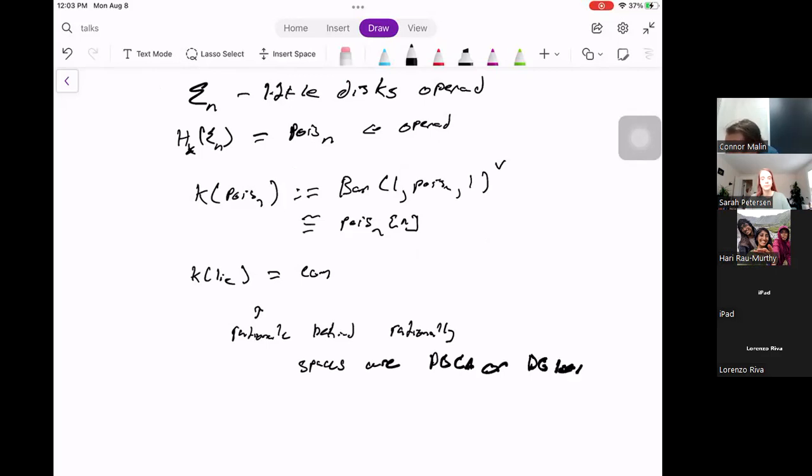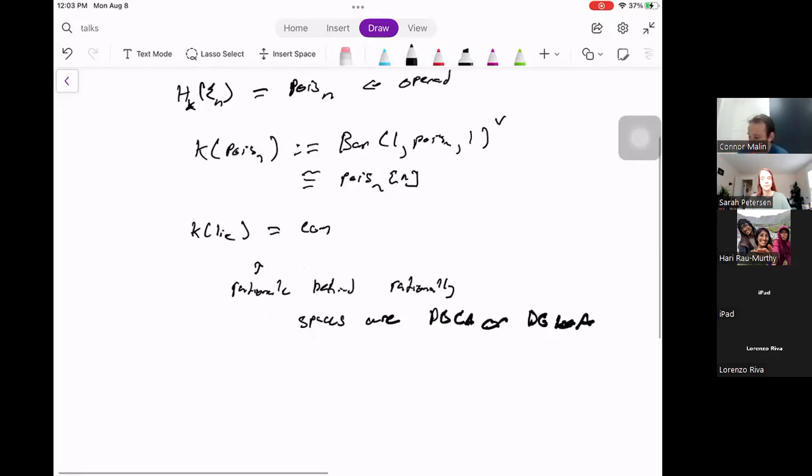I'll call that DGLA. This is because Koszul duality essentially tells you that algebras over the Lie operad are the same thing as algebras over the commutative operad, because you have an equivalence like this.